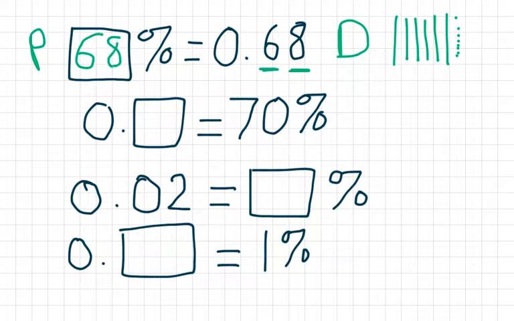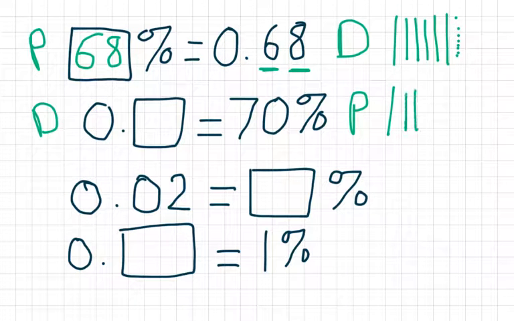So it's 68%. Here's our percentage. This time I want the decimal. 70%. That means 7 ten sticks.